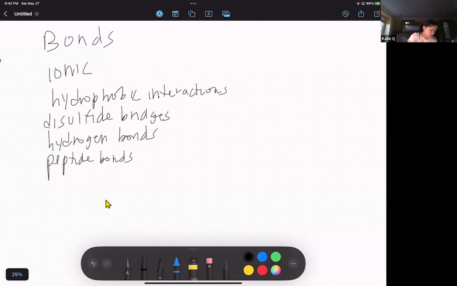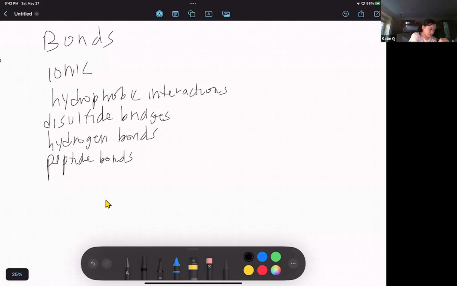Hydrogen bonds, you can see by the name, it's connected from hydrogen to another more electronegative molecule. And I mentioned before that this works with oxygen and hydrogen. Most of the time, oxygen is hogging the electron more. So yeah, hydrogen bonds.